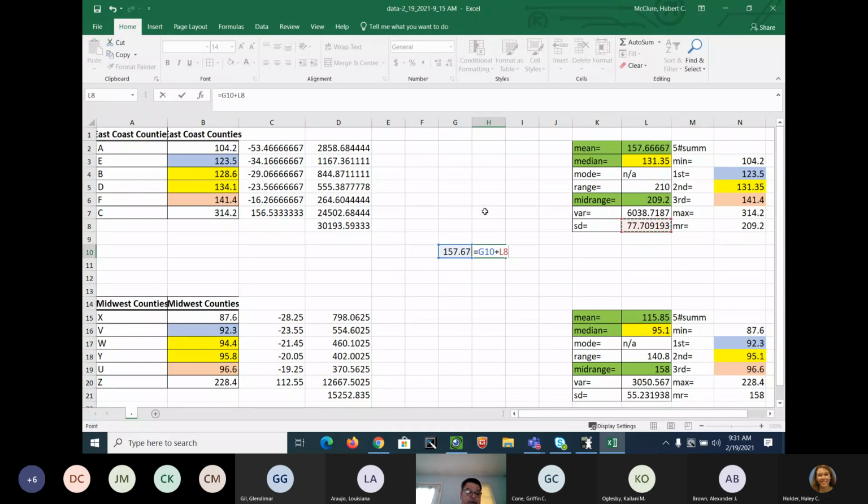Alternate function F4, and copy 3 places to the right. So that'll be 235.38, and then 313.09, 390.79.